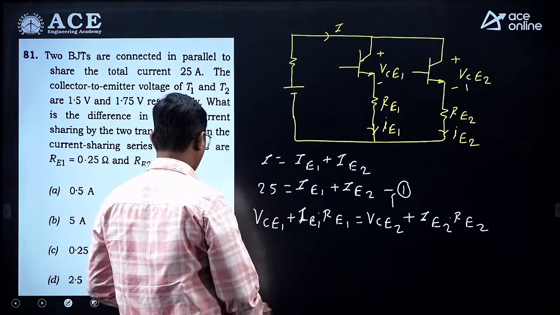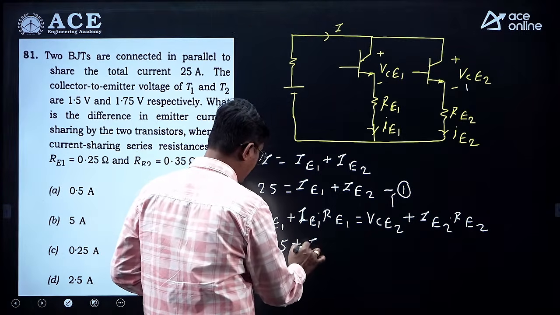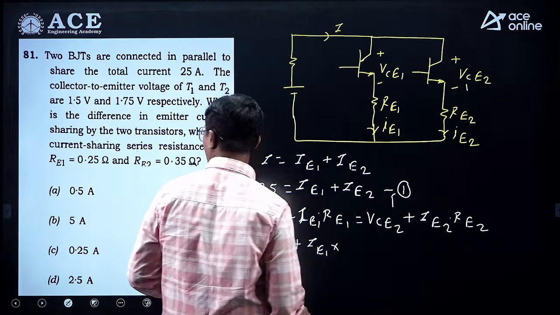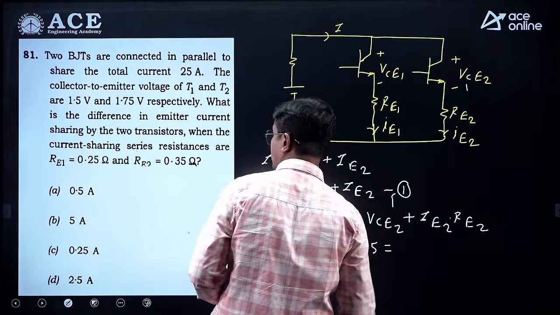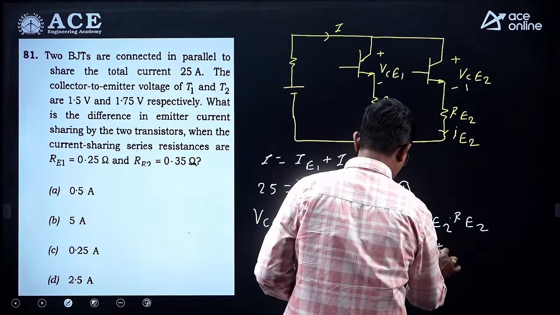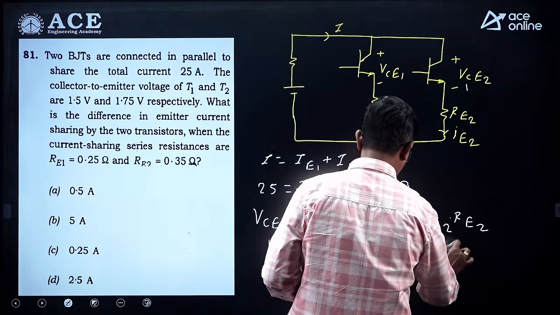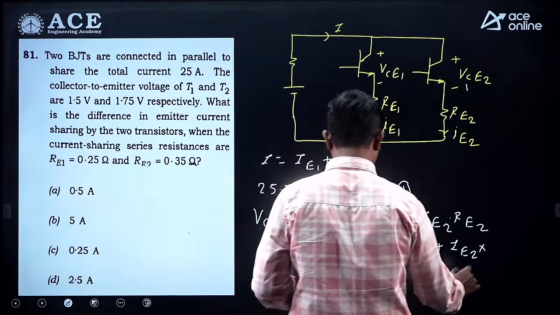Now put in the values. VCE1 is 1.5 plus IE1 into RE1, RE1 is 0.25, equals VCE2 is 1.75 plus IE2 into RE2, RE2 is 0.35.